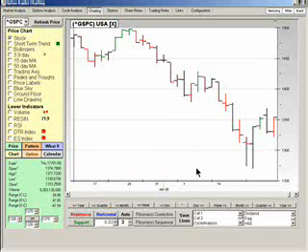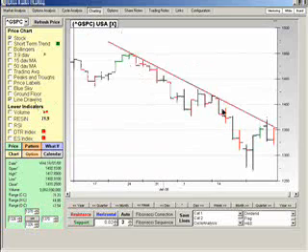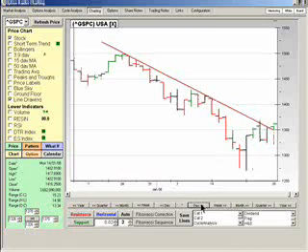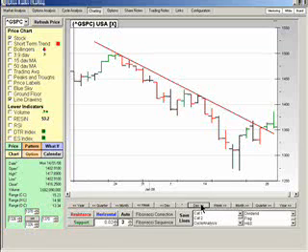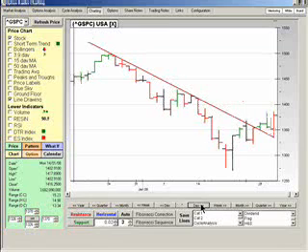Let me quickly demonstrate using the Option Raider charting software with this chart of the S&P 500. We can see a continuing downtrend defined by this line of resistance. 4 days later, we see that we have an uptrending breakout.